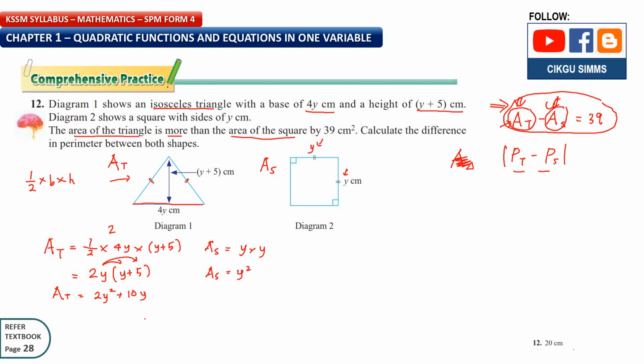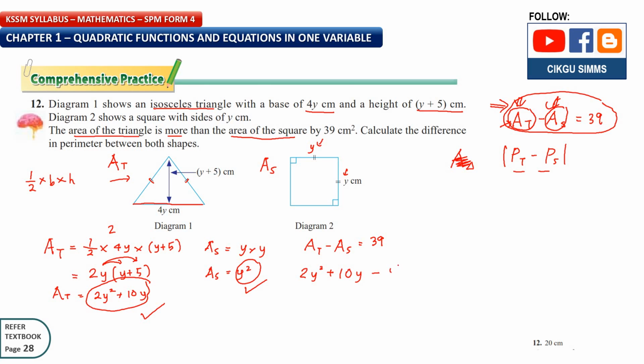Okay, so I get my AT and get my AS, so I can write the relationship between AT and AS. AT minus AS is 39. So I substitute AT with 2y squared plus 10y, and then minus AS.